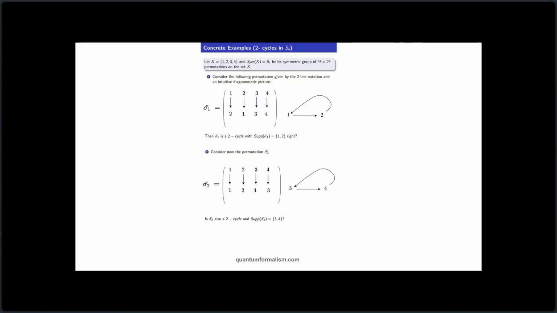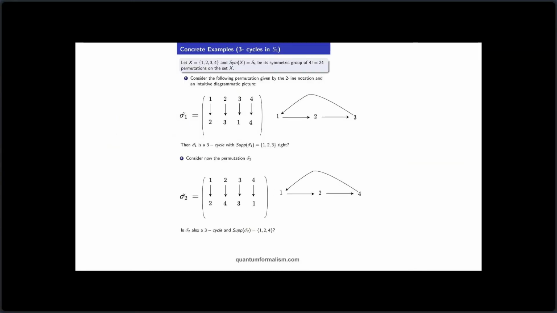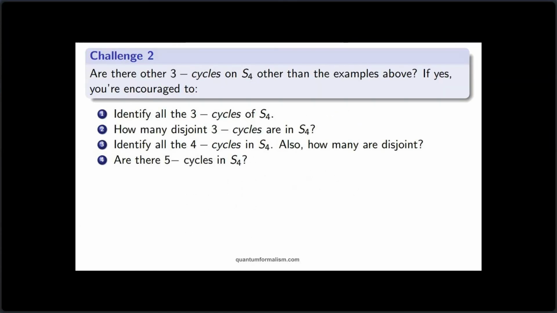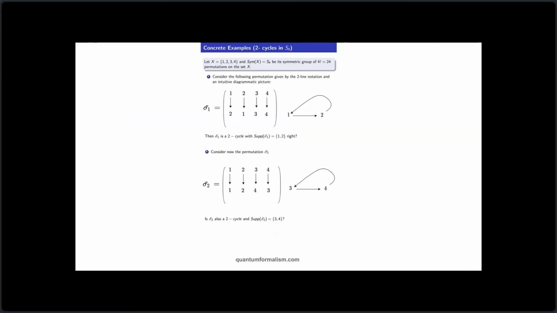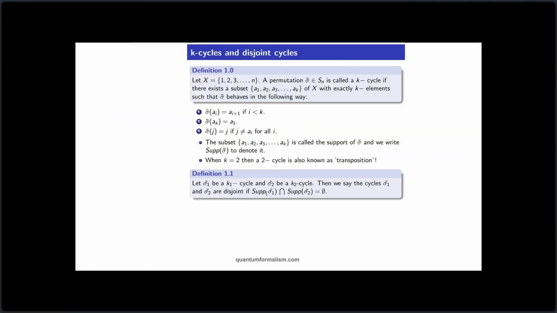Oh, Barry has a further question. Okay, let me exit this. Haven't you been saying that you need a pair of cycles to talk about disjointness? And isn't that what we have?